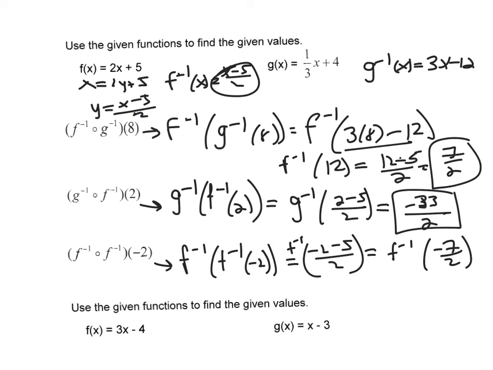And then you plug that in again. So it's negative 7 over 2 minus 5 over 2. So I would just do 1/2 times negative 7 over 2 minus 5. And you end up with negative 17 over 4, it looks like.